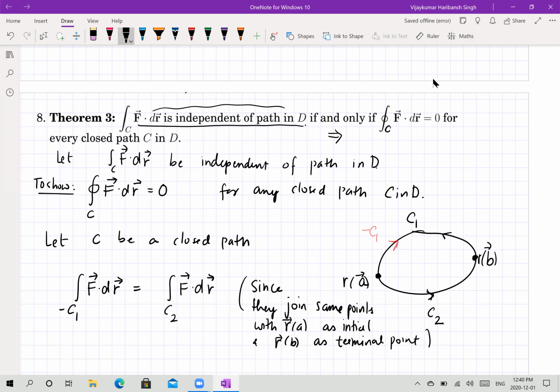I should be slightly careful when I say that, because we are saying that these are the position vectors of those points.